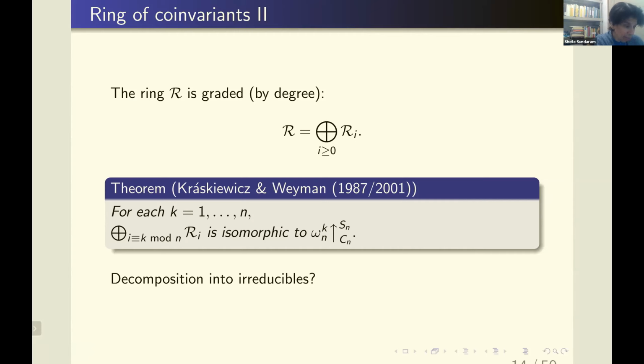Anyway, one of the things they proved is that if you take the graded components and add them up by degree congruent to K mod n, then that sum is precisely isomorphic to this induced module. It's kind of an amazing theorem, I think.